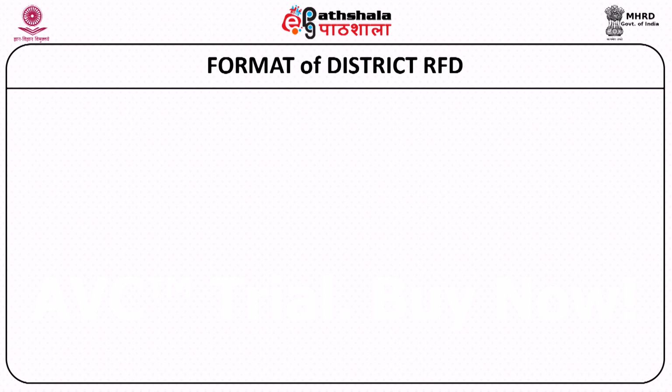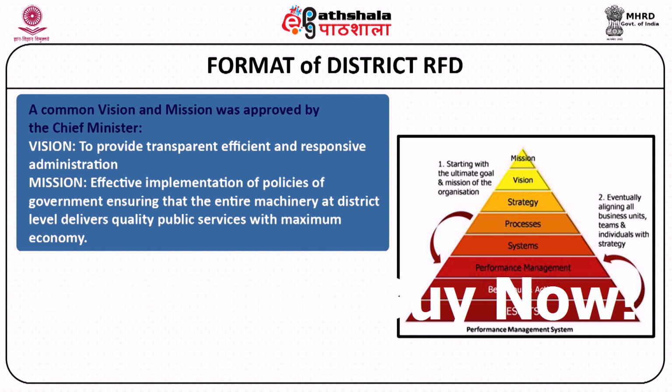The vision and mission of the district level RFD has been approved by the Chief Minister of the state. The vision is to provide a transparent and accountable government to the people, and also a responsive administration. And the mission is to provide for an effective implementation of the government policies and other programs at the district level.